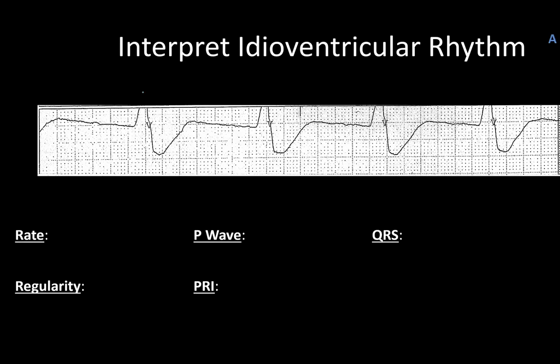We'll label these the same way we always do. Of course this strip is 6 seconds, but 4 times 10 gives us 40. We are definitely regular. Slow, there's no ectopy, and no pattern.